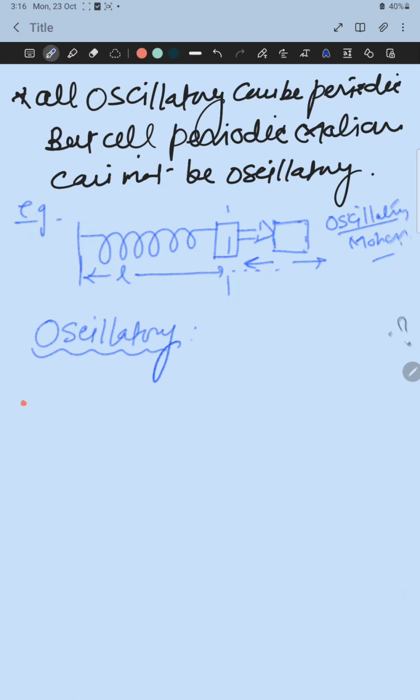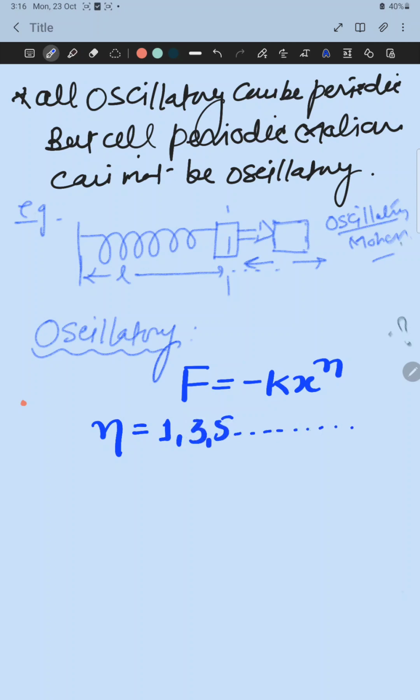So always remember, in oscillatory motion, the general formula of force is F is equal to minus k x to the power n, where n may take the value 1, 3, 5, all odd multiples of it.